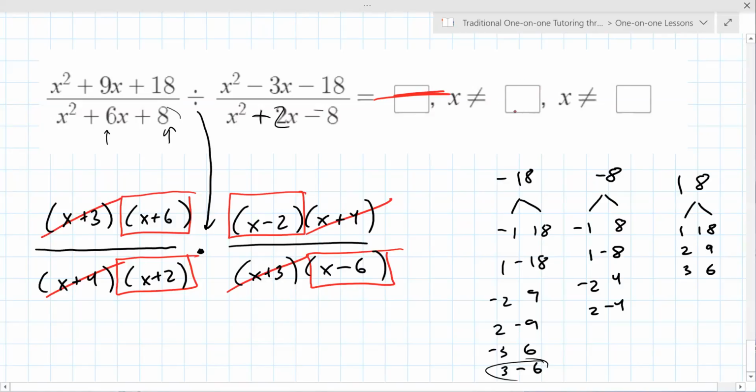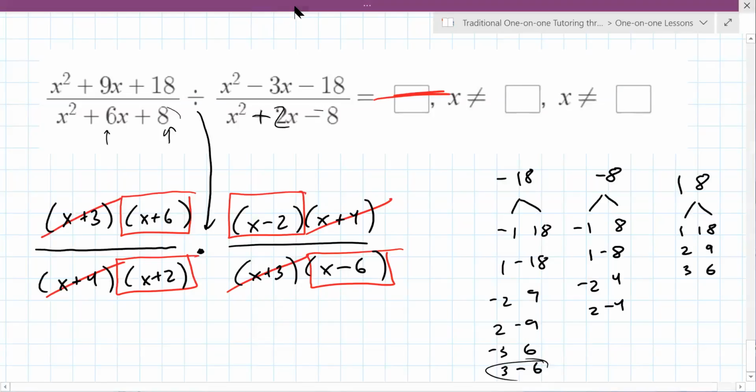Let me know when you're ready for the x not equals parts.